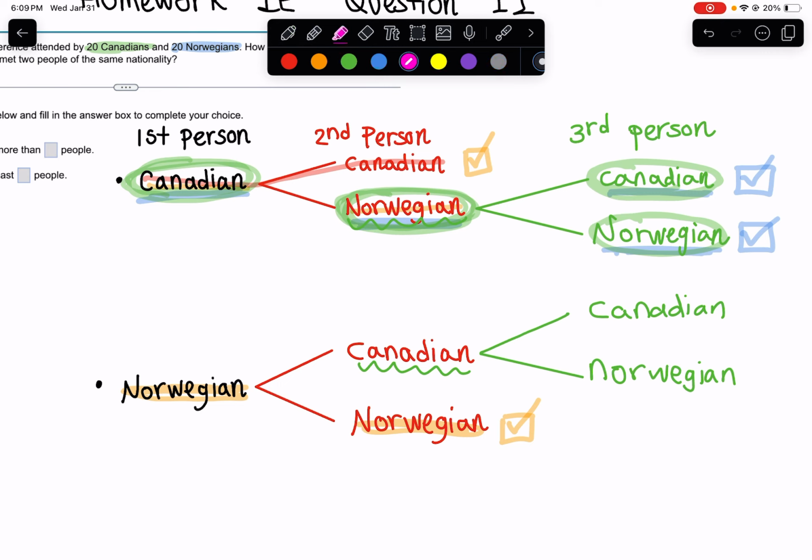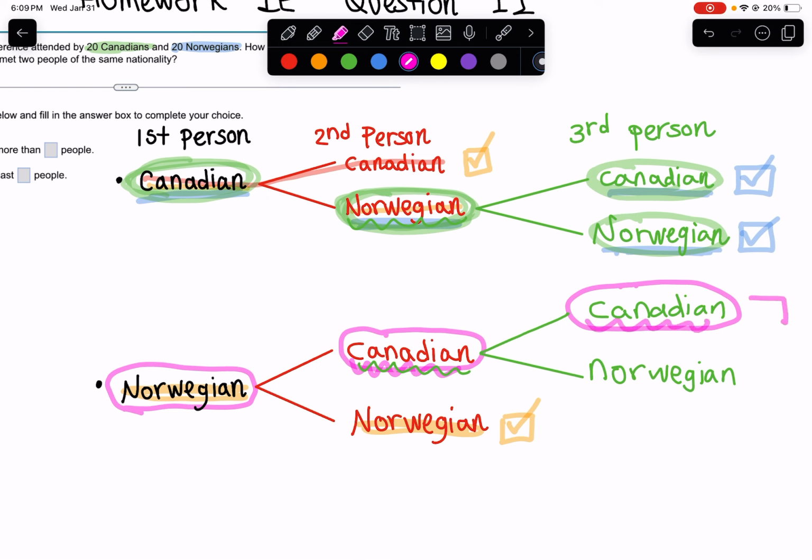If I take the first branch, starting with Norwegian, Canadian next, if I meet a Canadian for the third person, then the second person I met and third person I met are from the same country. Okay, so it happened. If I look at the bottom one, if I started with Norwegian and then Canadian, and then the third person that I met is from the same country as the first person. So it's going to happen by what person?